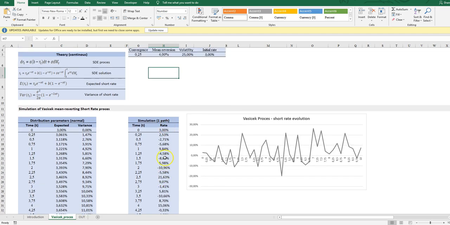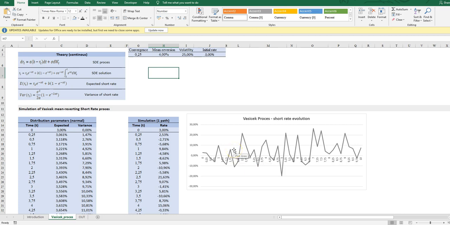Anyway, so clearly with evolution of a stochastic path of short rates, we will be able to price any product on the path, whether it's an option, a non-callable bond, a callable bond, or a zero coupon bond. And this is exactly what we'll see in another session.